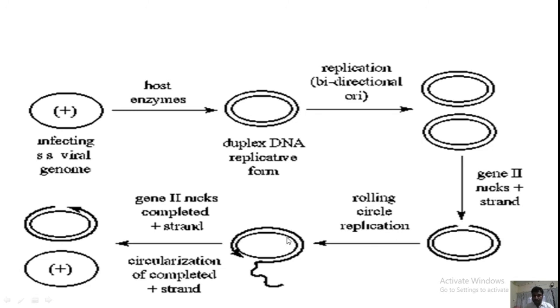See here in this picture, the 3' end gets extended. As a result, the 5' end gets displaced, and if one round is over, then the gene 2 protein again creates a nick in the plus strand that excises or expels one plus strand.